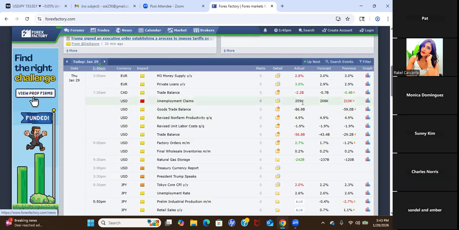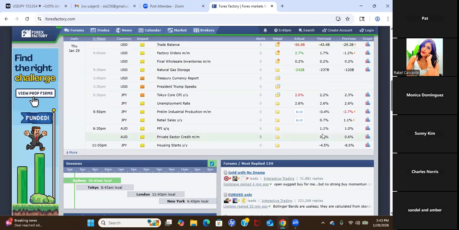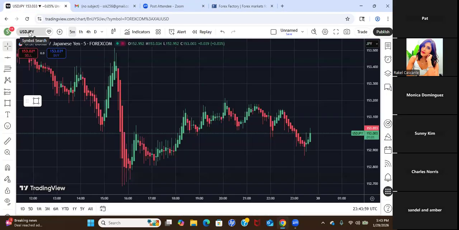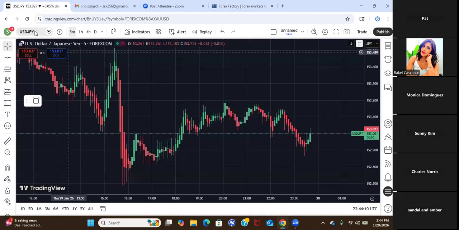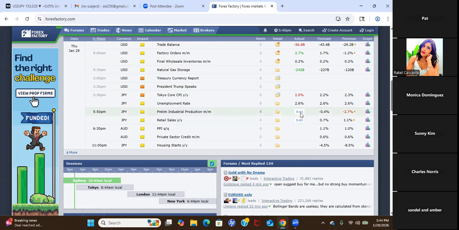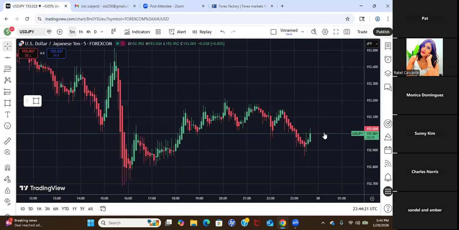Like the last time we guessed it, that's how we were able to enter the trade ahead of time. But here, this is JPY, and this is USD JPY. So same thing: if it comes out red, that means the JPY is going to weaken and USD JPY goes up. If it comes out green, JPY is going to gain strength and it's going to go down.